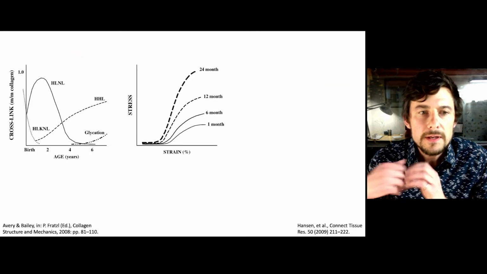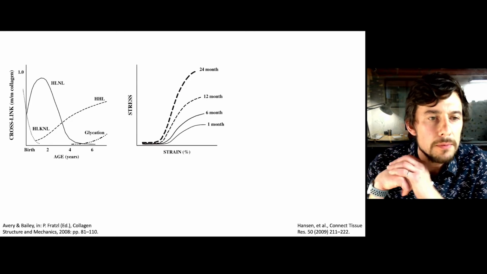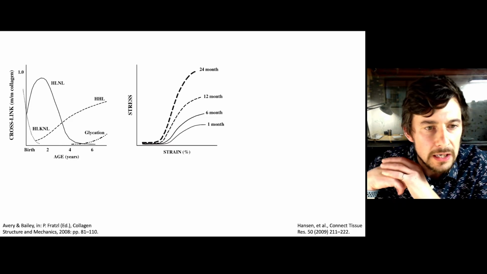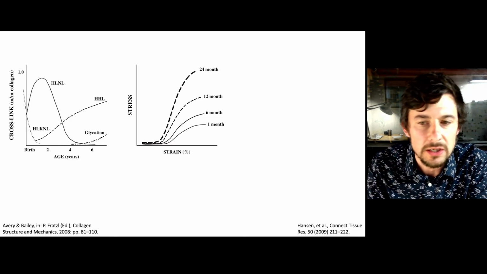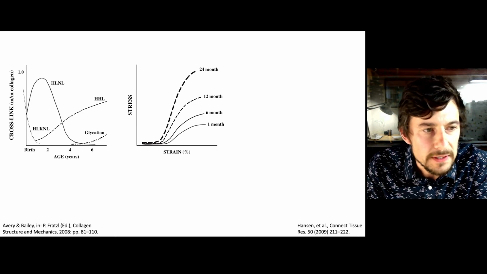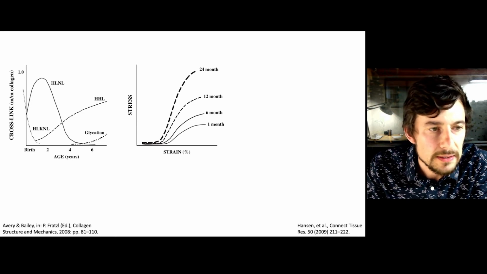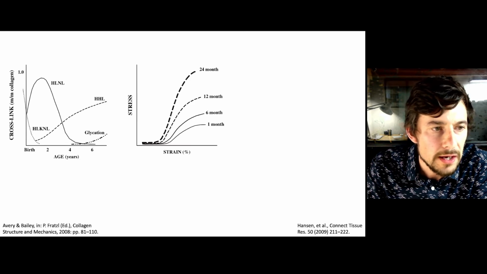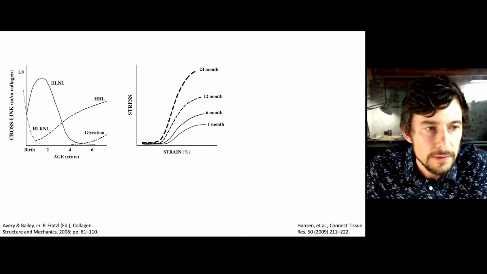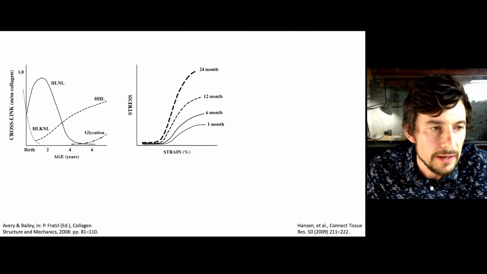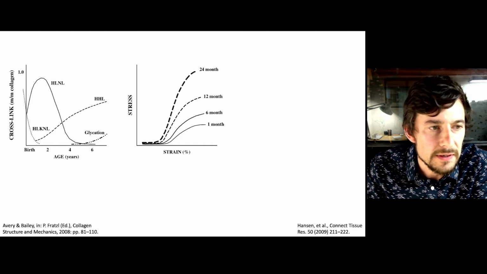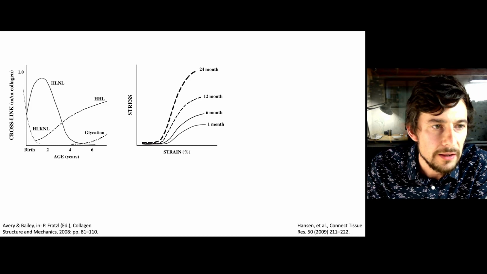Now, this here is probably one of the best known figures relating collagen crosslinking to mechanics. What you see on the left is the change in cross-link profile with age, showing an initial decrease after birth in the ketoamine divalent crosslink HLKNL, and a corresponding increase in the divalent aldamine crosslink HLNL.